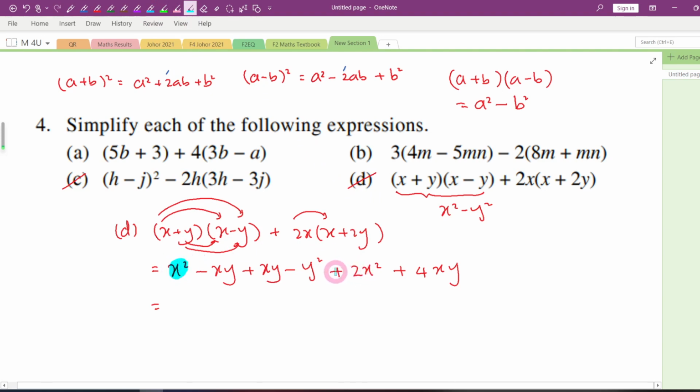You notice that I highlight together with the sign in front of the 2x squared. So when you press your calculator, 1 plus 2, you will get 3x squared. Now let me go to xy. Okay, let me use another color.